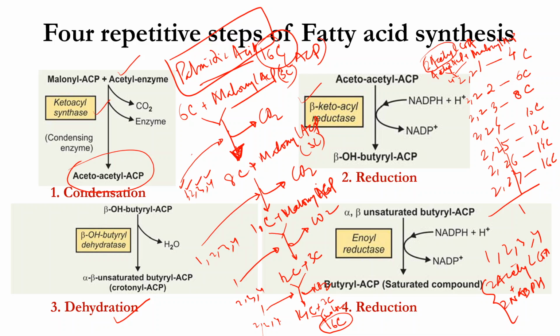So there will be 14 NADPH, and acetyl CoA is only one here. So there will be 2, 3, 4, 5, 6, 7, 8 acetyl coenzyme A utilized for the 16 carbon molecule. 8 acetyl coenzyme A and 14 NADPH are being utilized.